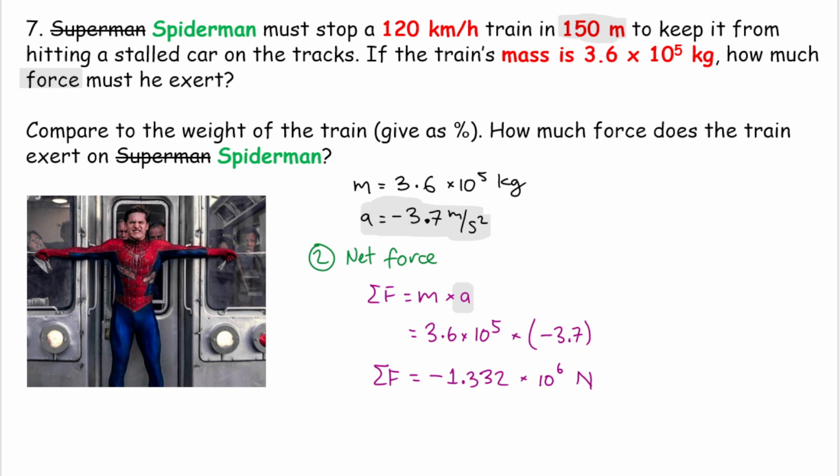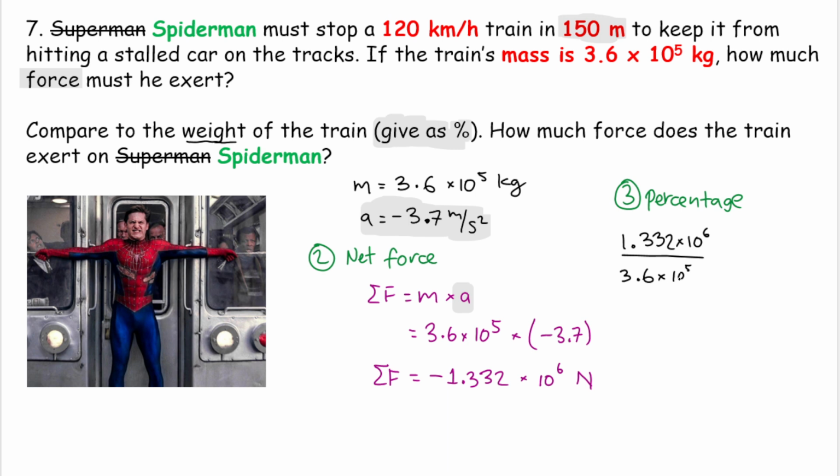And then we also have to compare the percentage here. Let's do that. So we will have step number 3, percentage. How to do that? We can just divide this here. I think the sign does not matter here, so we will have 1.332 times 10 to the 6 divided by, compared to the weight of the train, the mass here, 3.6 times 10 to the 5.